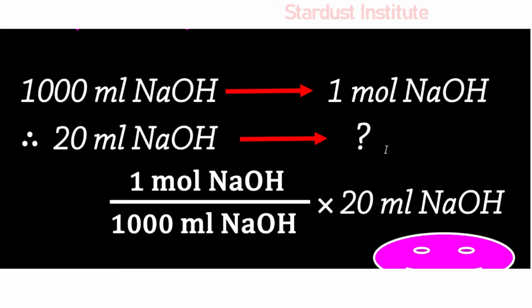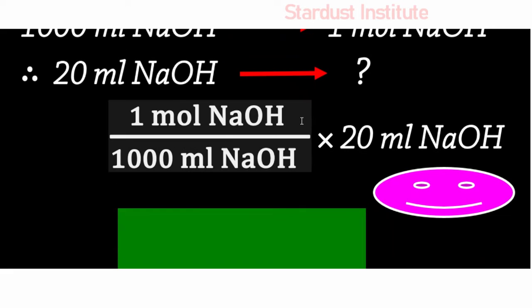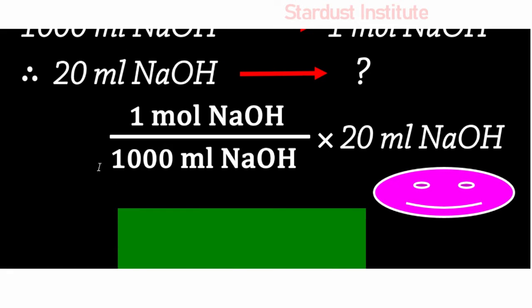We can find the answer in this way: 1 mole sodium hydroxide divided by 1000 milliliter sodium hydroxide multiplied by 20 milliliter sodium hydroxide.